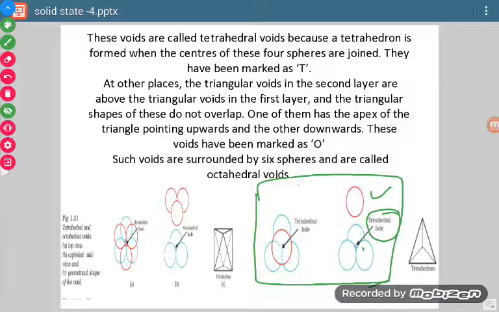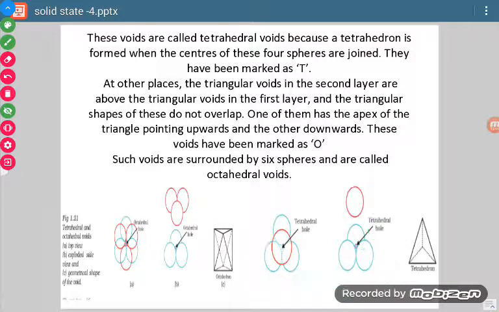So that vacant space is called a tetrahedral hole. Similarly, if these three spheres are from the lower layer and these three are from the upper layer, then we will place them in a reciprocal way, and even then there will be vacant space. That vacant space is called an octahedral void. So this is what we discussed.